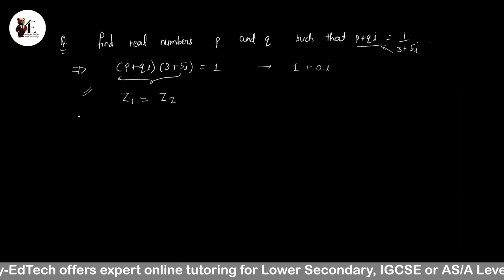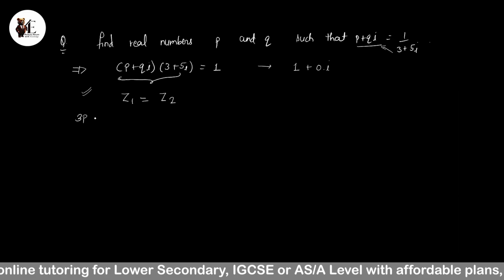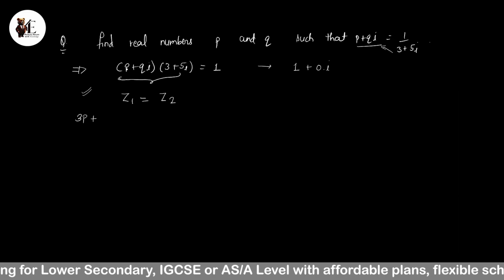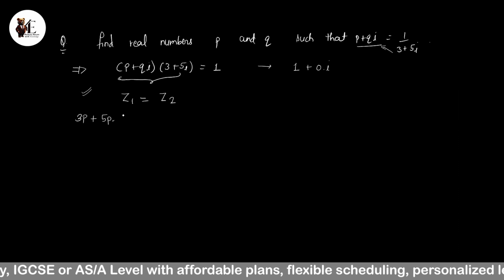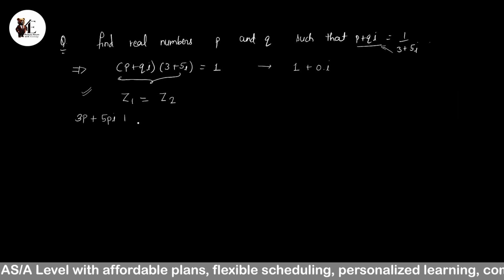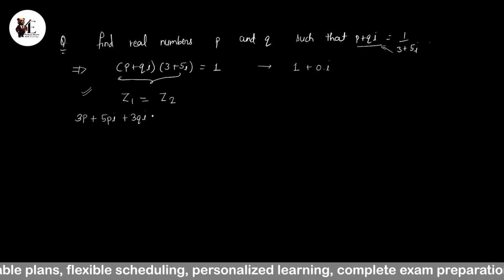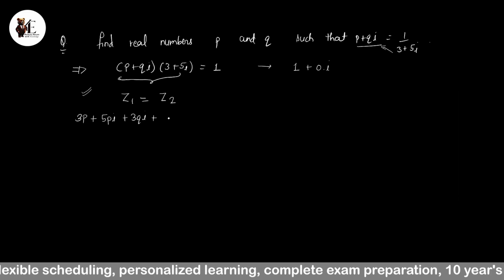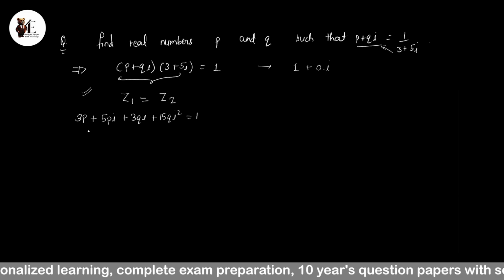After multiplying, P into 3 will be 3P, and then 5i into P will be 5Pi, plus 3Qi, plus 15Qi squared is equal to 1.